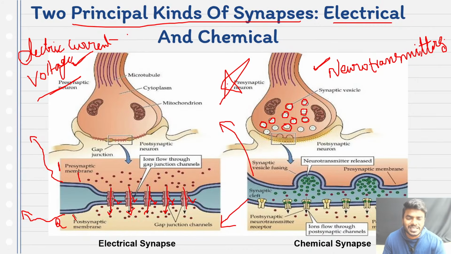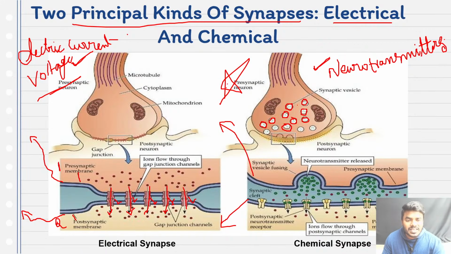All of you please listen very carefully. This synaptic vesicle contains an abundant amount of neurotransmitters. Kindly do not get confused with that point.